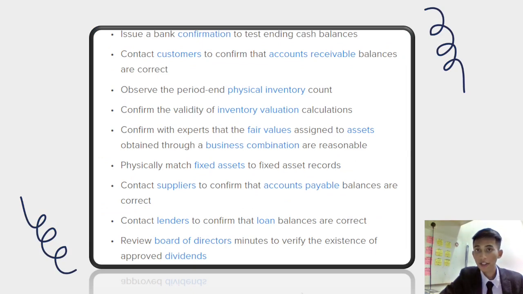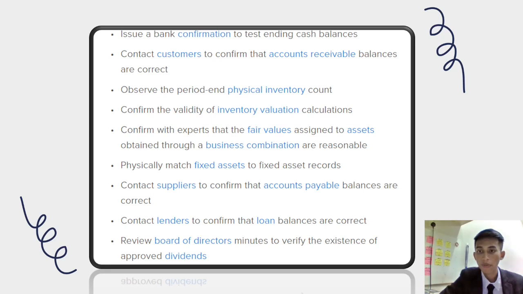These audit procedures can be explained further with these examples, such as issue a bank confirmation to test ending cash balances. Second, contact customers to confirm the accounts receivable balances are correct. Observe the period end physical inventory count. Confirm the validity of inventory valuation calculations.